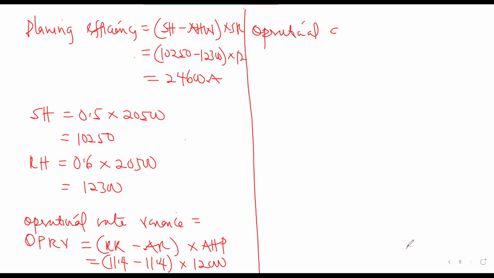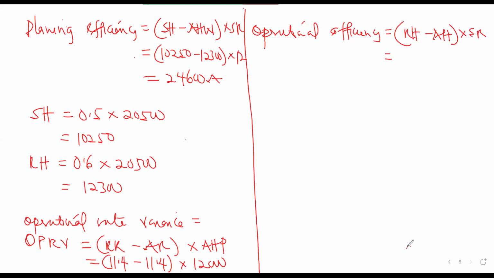So for operational efficiency, please, they haven't examined this one before, so you need to focus. This will be the revised hours minus the actual hours, multiplied by the standard rate, which will still be the 12.